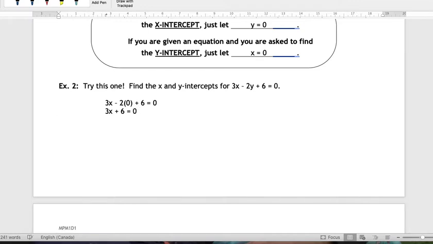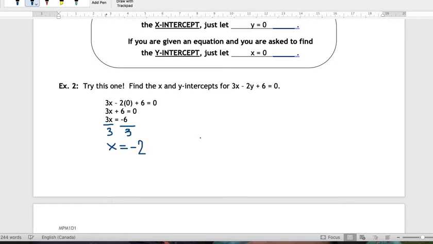Then we have 3x is equal to -6. We divide both sides by 3 to isolate x, and x is equal to -2.